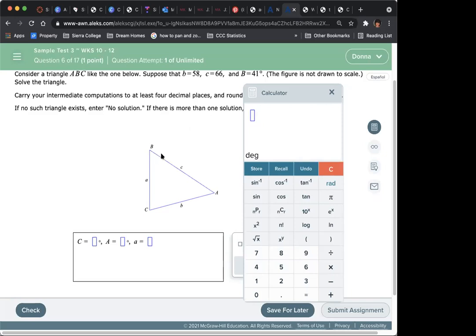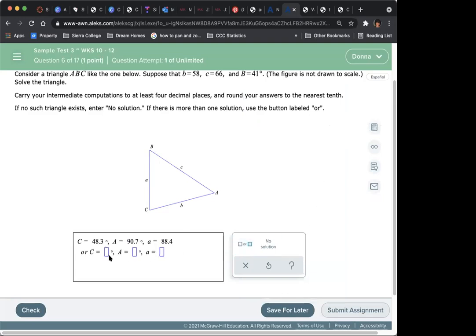No, okay. All right, so for C, we got 48.3. For A, we got 90.7. And then we also got a of 88.4. And since we got two cases, we're going to hit OR. And then for the second C, we got 131.7. Notice that these two differ by 180.